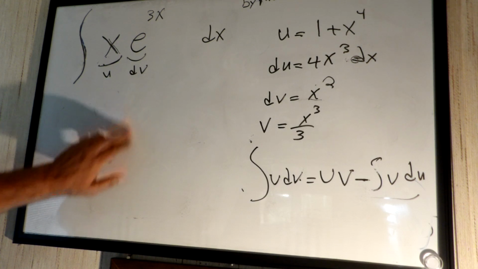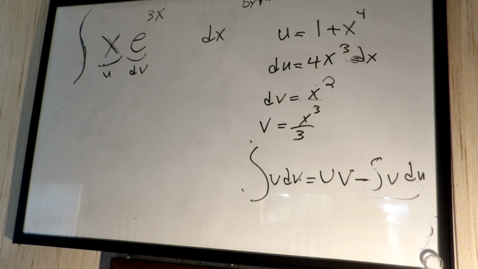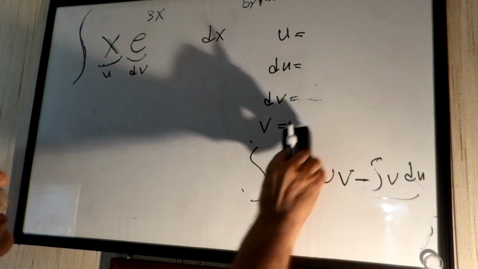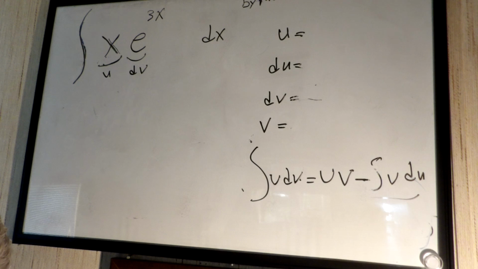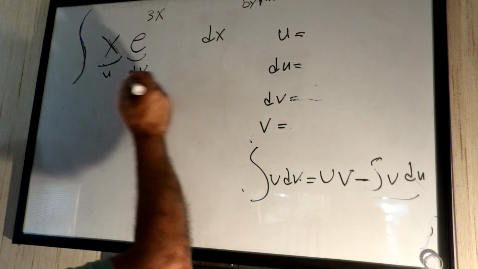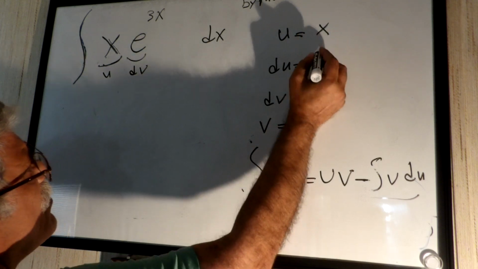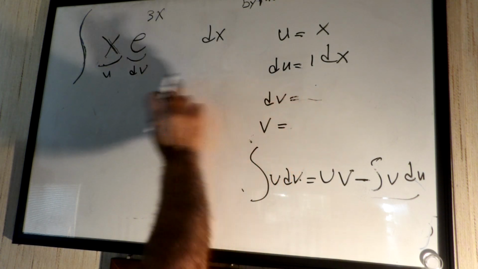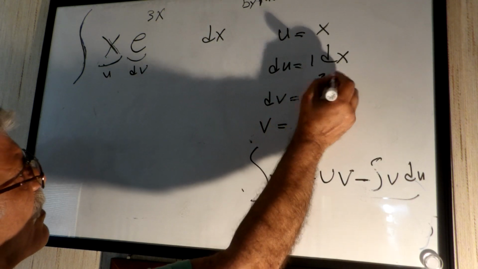So we write all of this here. u is going to be x, du is going to be 1 dx, and then dv is going to be e to the power of 3x dx.